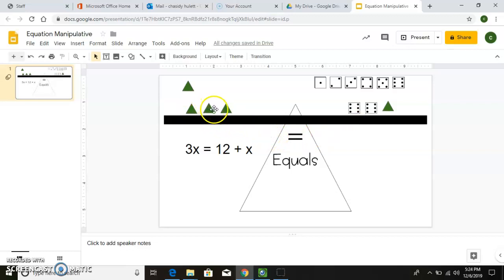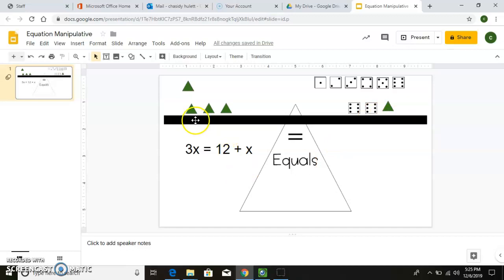So 3, 6, 9. 6 plus 6 is 12, plus 3 is 15. Let's do 4. 4, 8, 12. 6 plus 6 plus 4 is 16. Let's try 5. 5, 10, 15. 6 plus 6 is 12, plus 5 is 17.